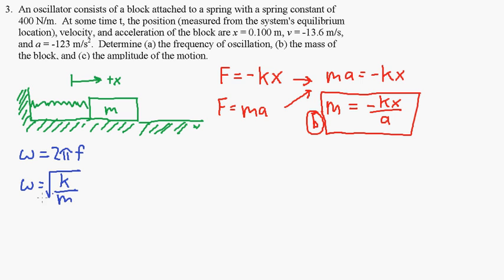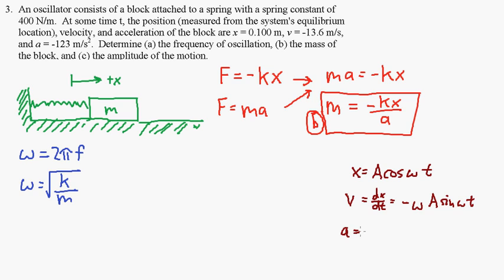And you might remember this, or you might have to go through the whole process by taking derivatives. So you'd say x equals A cosine omega t. Then v, which is dx/dt, is negative omega A sine omega t.